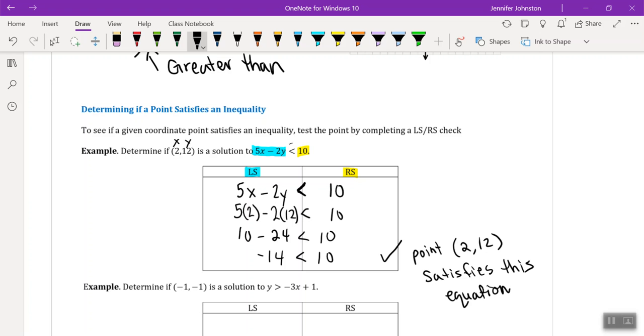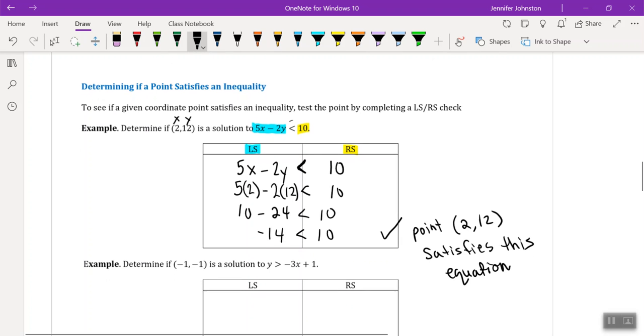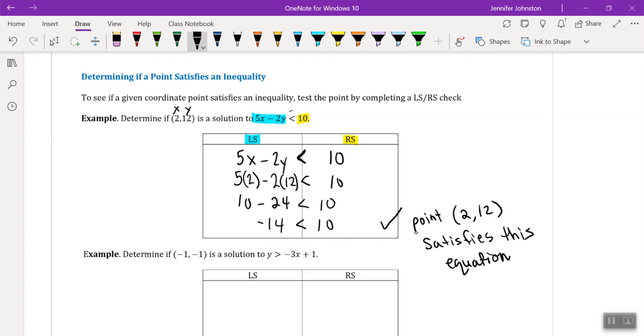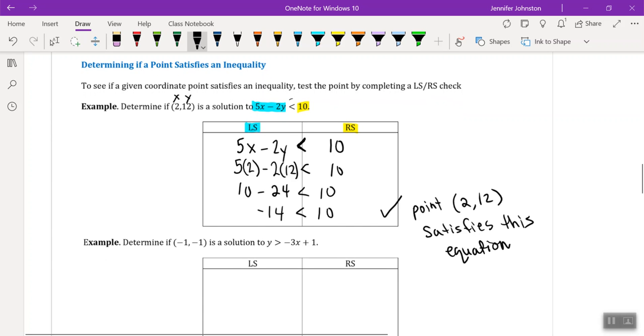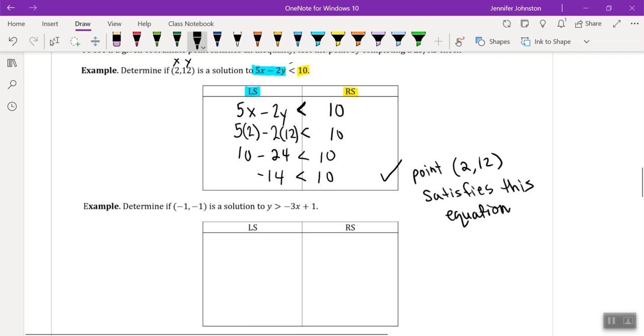That means the point (2, 12) is within this vicinity. If it's not true, then it wouldn't work. But since this is a true statement, then it works. It satisfies the inequality.